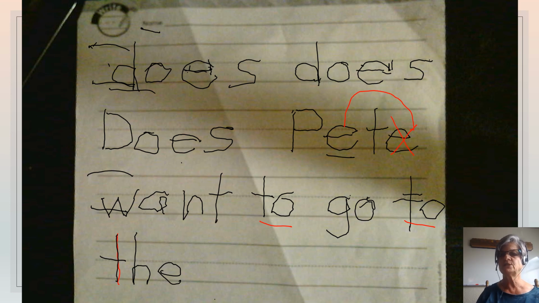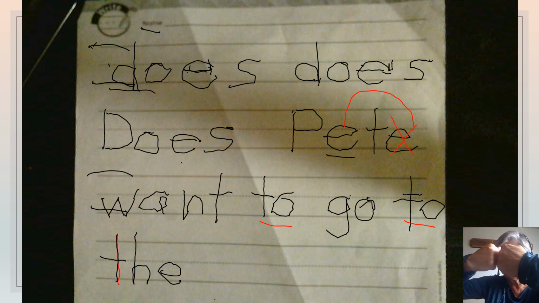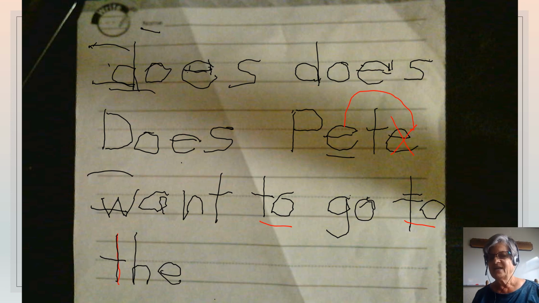My last word is zoo. Now, before I write zoo, I need to leave space after the word the. Let's sound out zoo. Zzz, ooh. Zzz, ooh. Now, what do I have at the beginning? Zzz. That's a Z. Leave space after the word the, and let's write a Z. Very good job. You write a Z on your page.